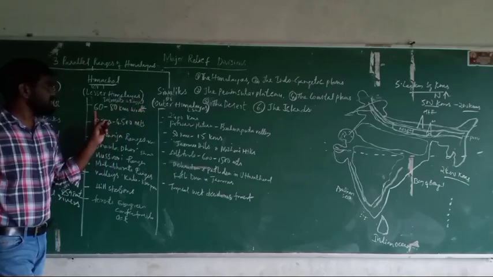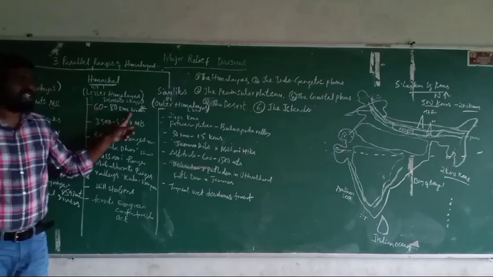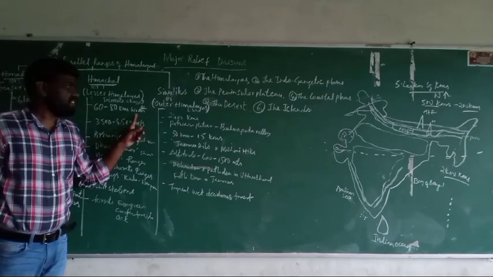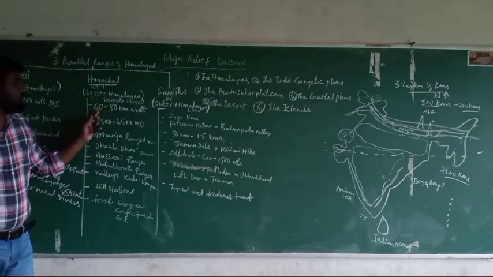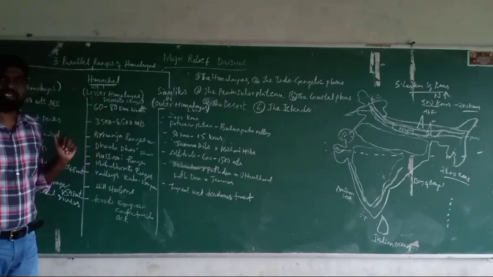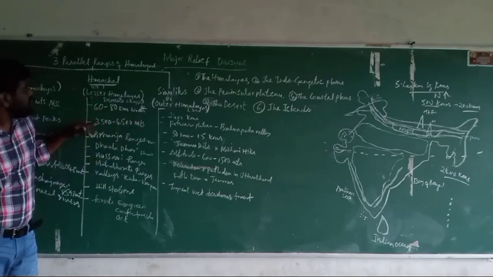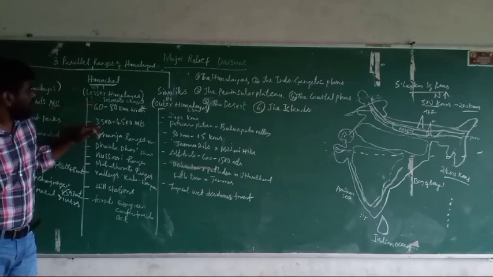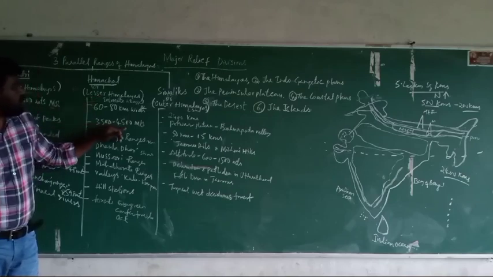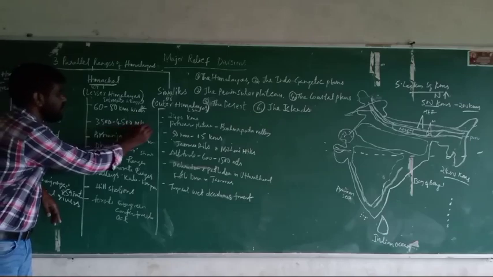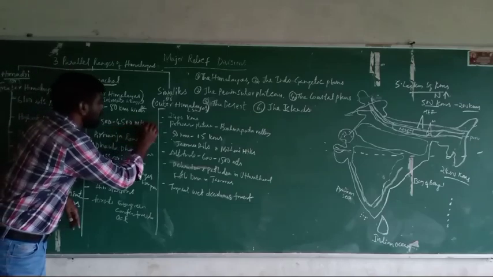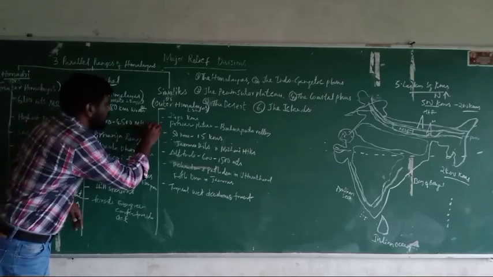Their width is 60 to 80 kilometers. What is the width of Himachal? 60 to 80 kilometers. The average height of Himachal is 3,500 to 4,500 meters above mean sea level.